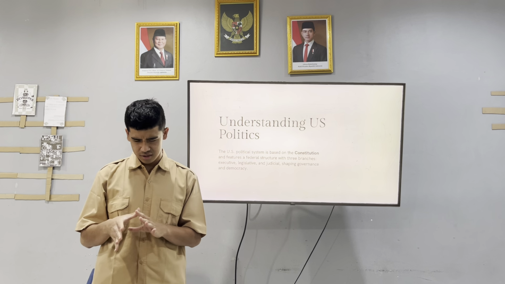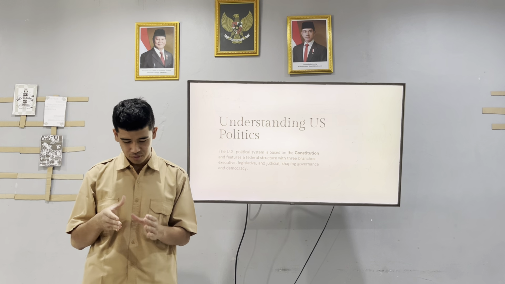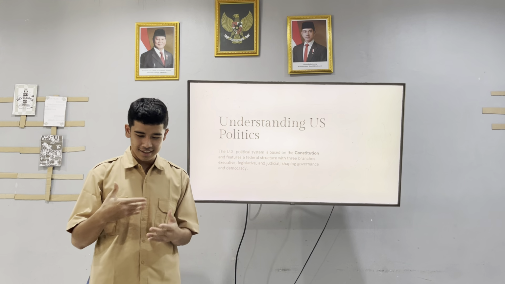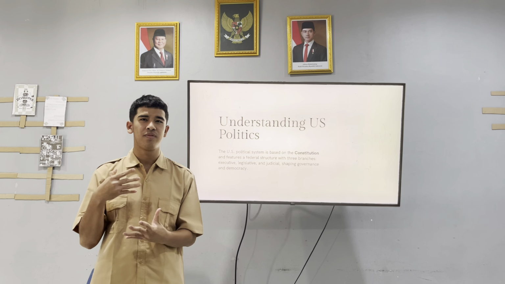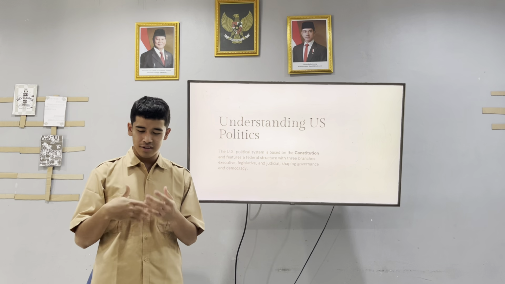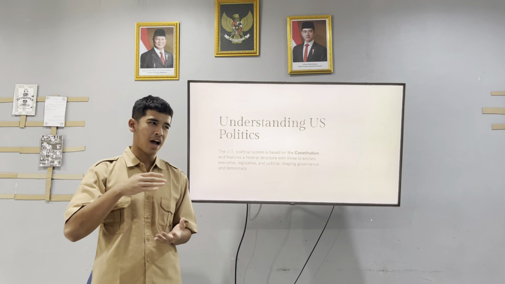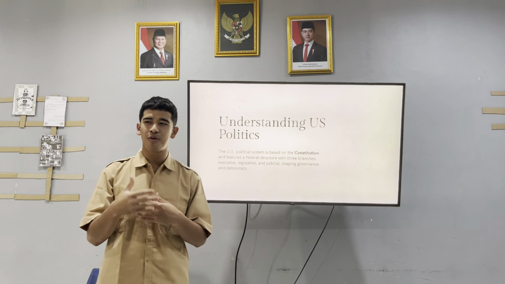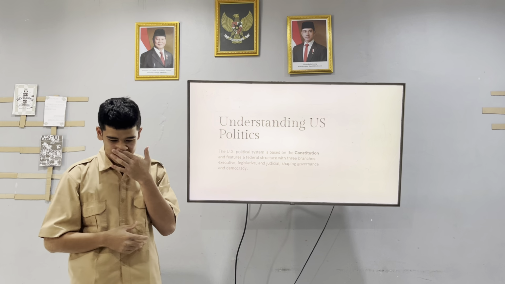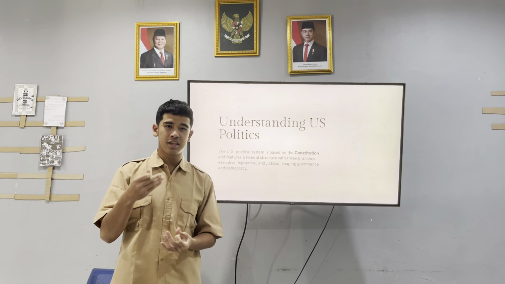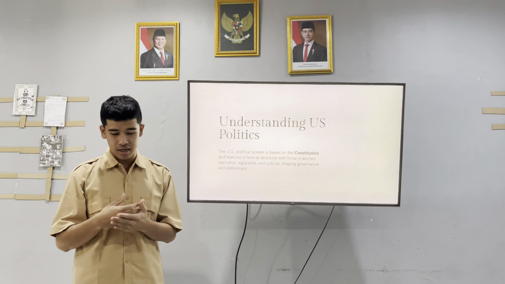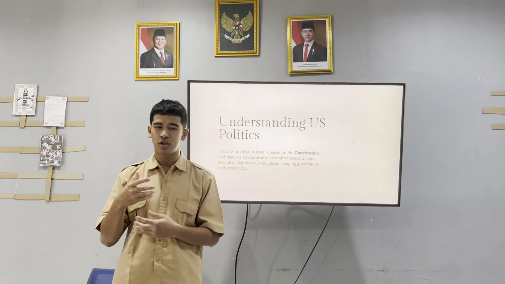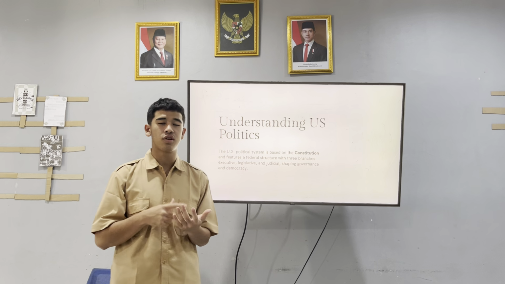There are three branches. I don't know what this is supposed to be. Oh, I think this is like the leadership or the ranks, how superior or how much power they have in the country. It's like the president that enforces the law, and then the president also leads the military and also appoints officials.